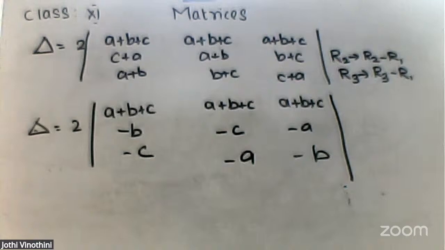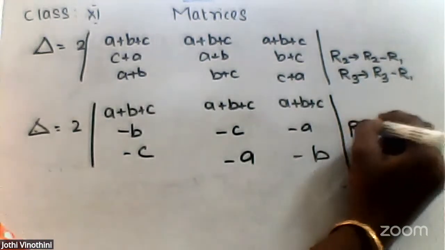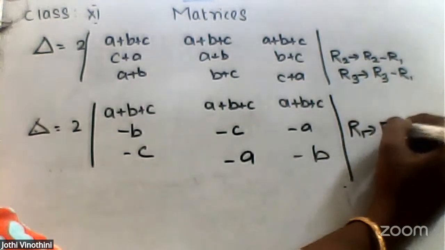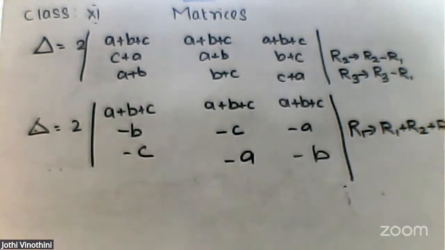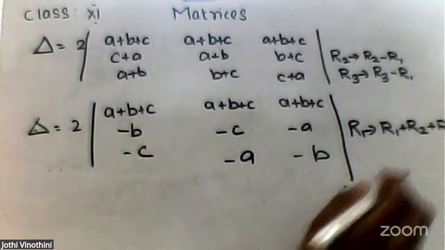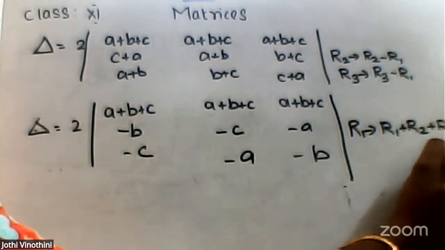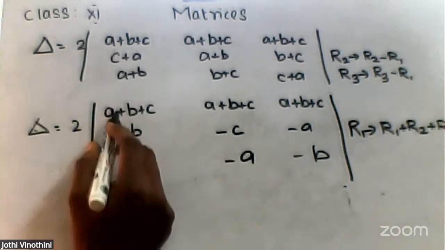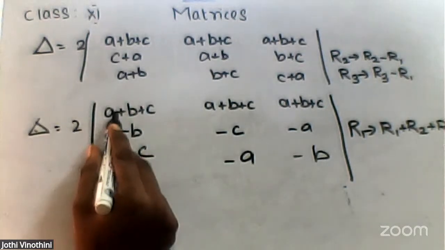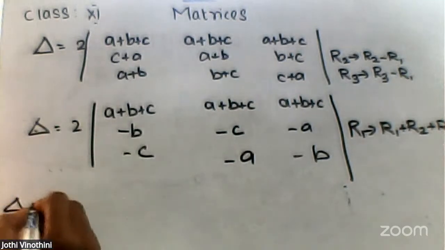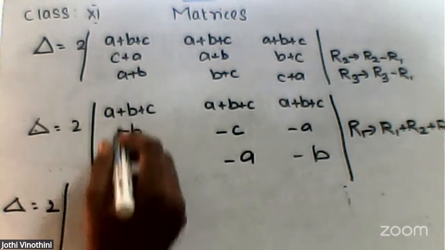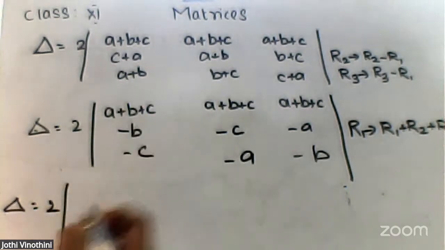Now I am going to replace R1 by R1 plus R2 plus R3. So R1 will be replaced by the sum of R1 plus R2 plus R3. So it will be delta equals to, multiplied by, what is R1?